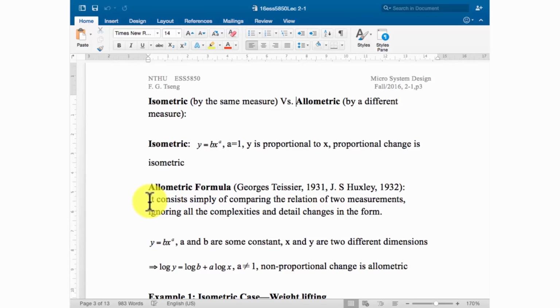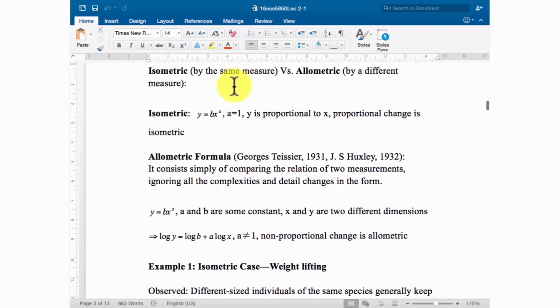So for an isometric system, remember, they are similar structures. When you blow up the structure, they look similar. In an allometric system, they do not look similar, maybe thinner or fatter, depending on your formula. If I put it into a formula, remember, the difference is the power a here.